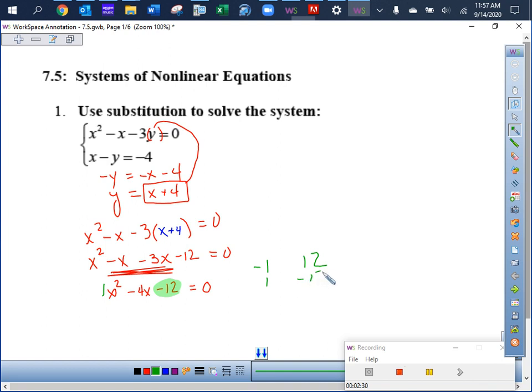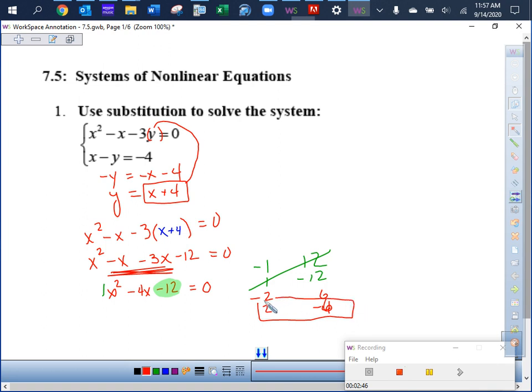These don't work because they don't add together to be -4. Go to 2 next. Do any of those work in that situation? So wouldn't it be these right here? Let's factor this to be x plus 2 times x minus 6 equals 0.